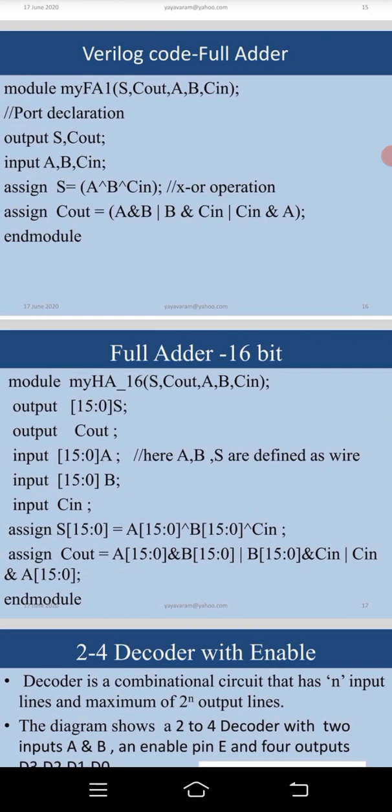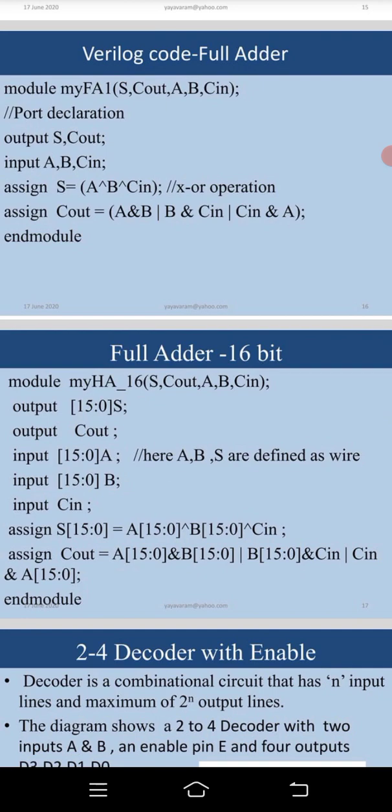Assign S[15:0] is equal to A[15:0] XOR B[15:0] XOR C in, then assign C out is equal to (A[15:0] and B[15:0]) or (B[15:0] and C in) or (C in and A[15:0]).